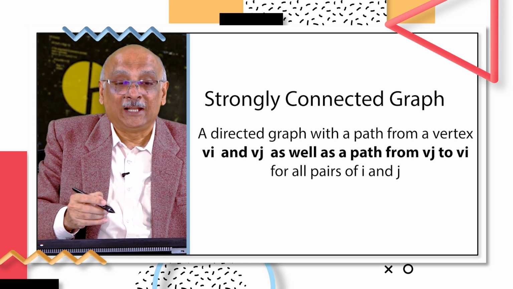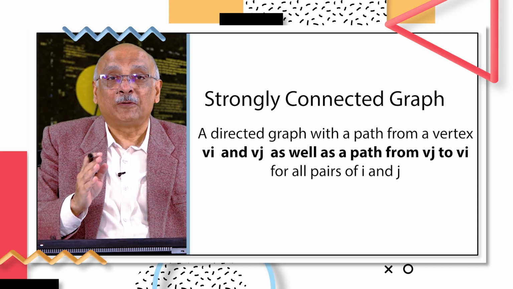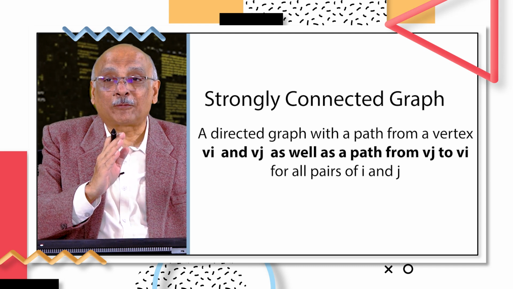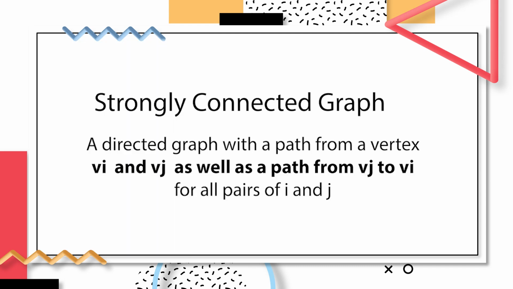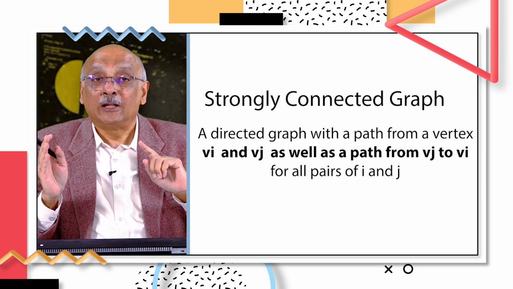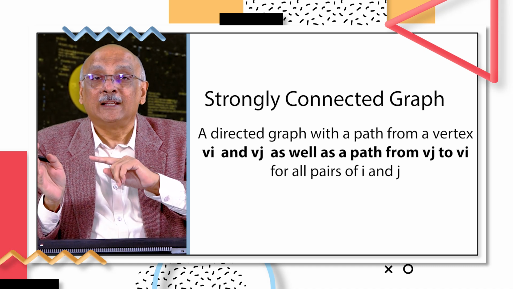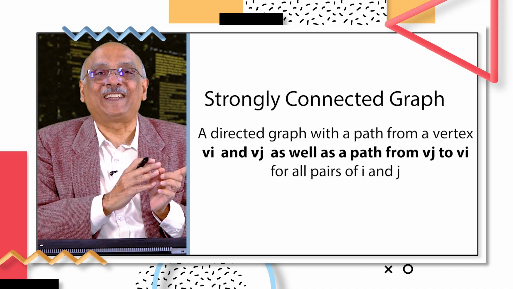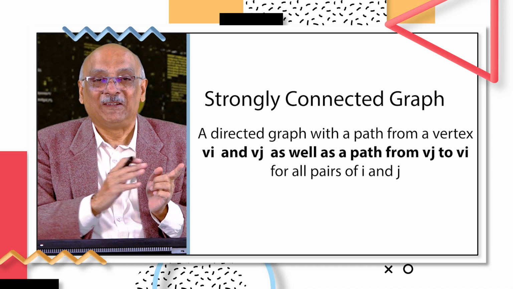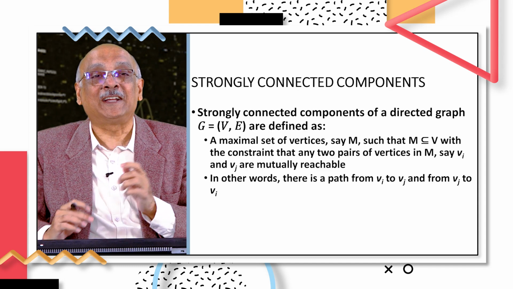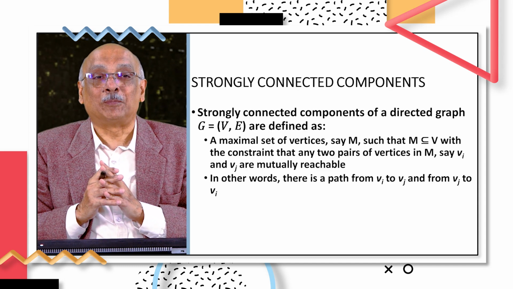What does it mean? In any graph, there has to be a path from node Vi to node Vj. A path may not be a direct link, but there has to be a path. Vi is one particular node and Vj is another particular node. Now, if there is such a path, then from Vj also there has to be a path to Vi. So, that is how we define the strongly connected component.